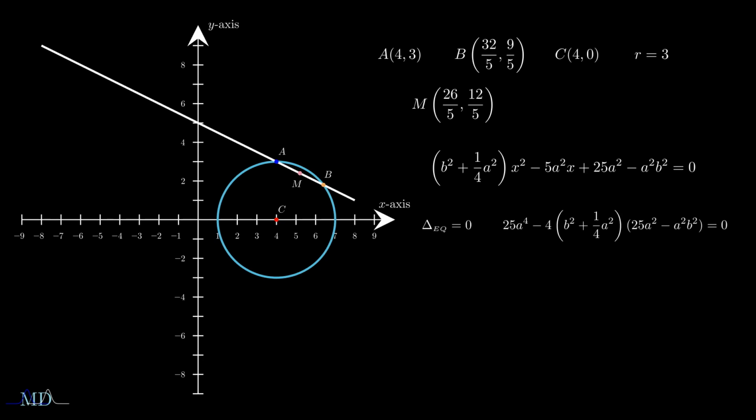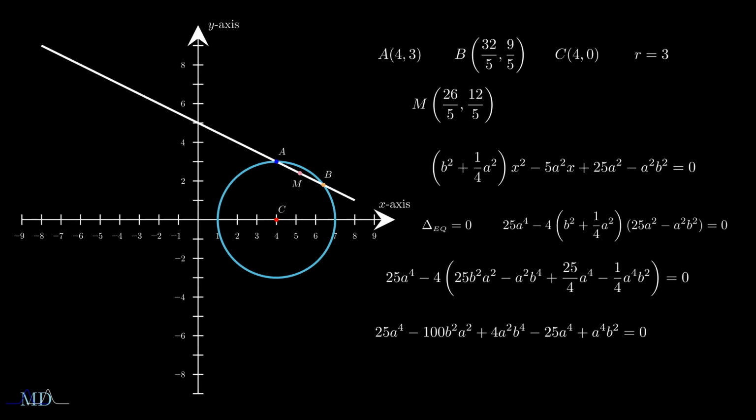The discriminant of the equation is 25a⁴ − 4b² + 1/4 a² (25a² − a²b²). We multiply the terms in brackets. Then we can see that the two terms a⁴ cancel each other out.